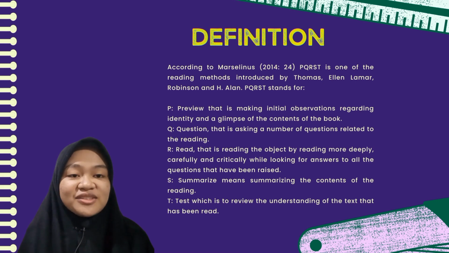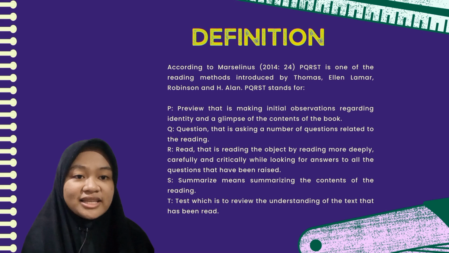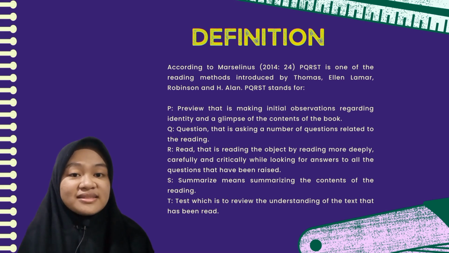According to Marcel News 2014, PQRST is one of the reading methods introduced by Thomas, Alan Lamar, Robinson, and H. Allen. PQRST stands for P, Preview, that is making initial observation regarding identity and a glimpse of the contents of the book. Next, Q, Question, that is asking a number of questions related to the reading.